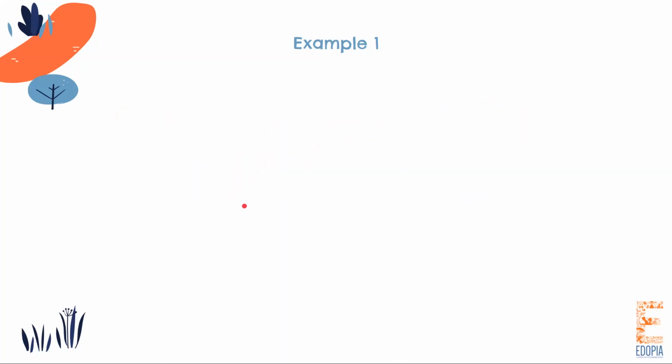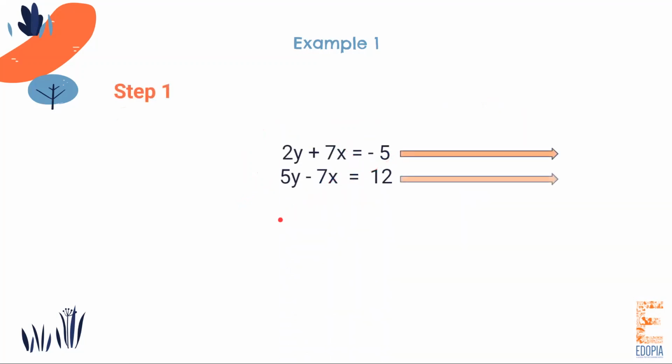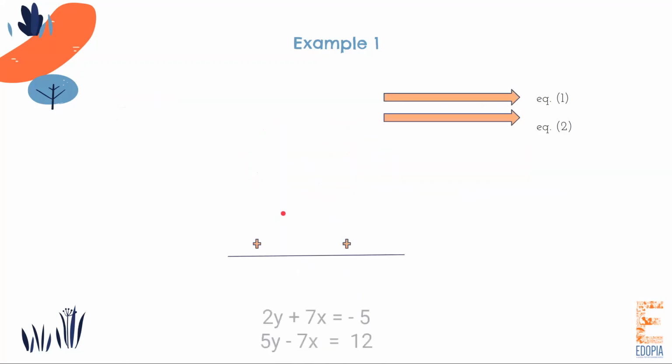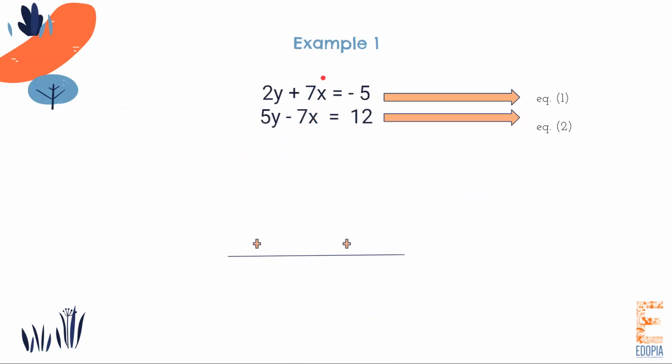Step 1, as you know, is to label the equations. We will label the equations as equation number 1 and equation number 2. After you are done labeling the equations, you will notice, as you have already observed, that we have a common term in both of these equations.